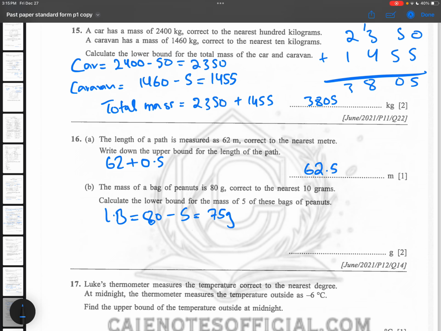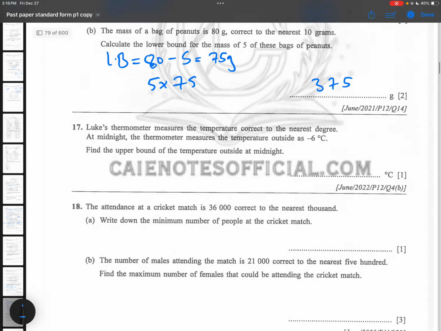This gives me 75 grams. Now I need the lower bound for 5 of these bags, so I will multiply 5 with 75, and this will give me 375. This is the answer.